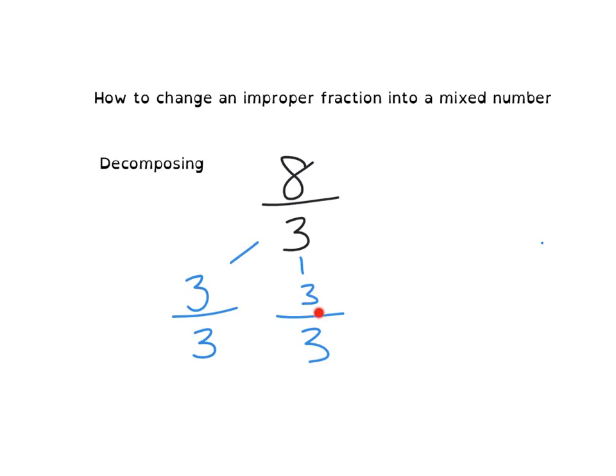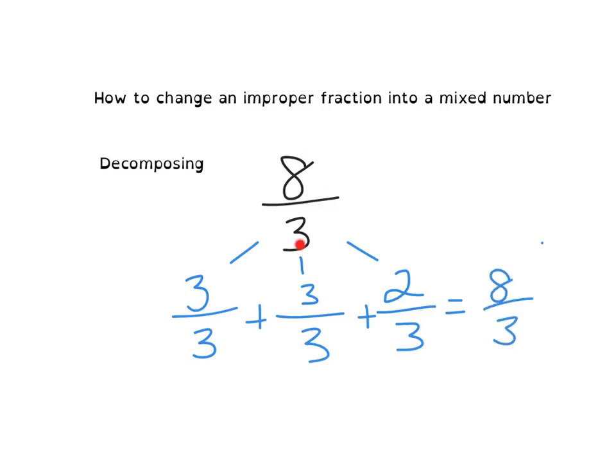Ooh, that's 6/3. I still have more I can take out, and there's 2/3 more to make up my total of 8/3. So when I look at putting these back together, I've got 3/3 plus 3/3 plus 2/3. Well, 3 plus 3 is 6, 7, 8. That makes my 8/3.